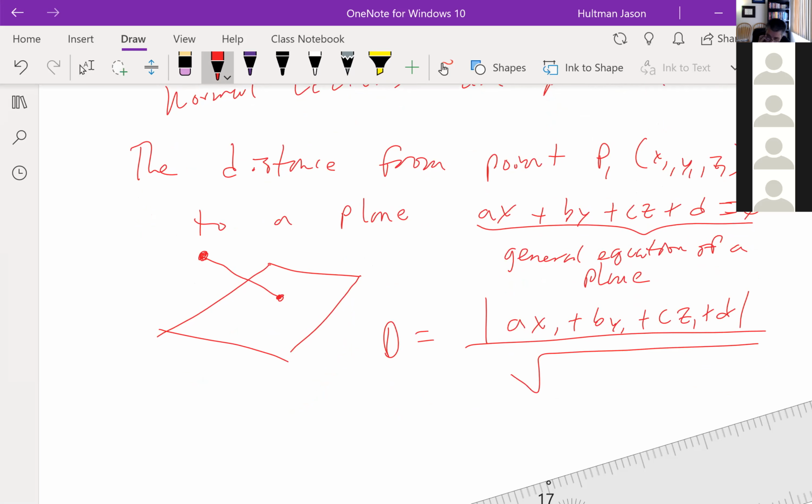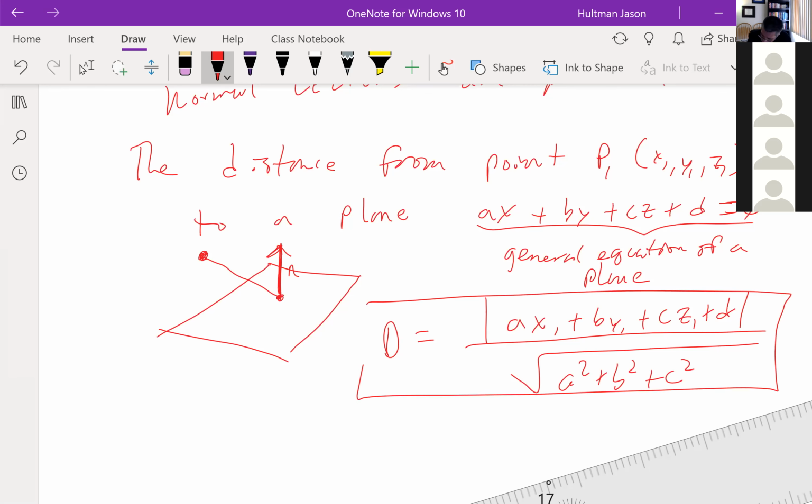the magnitude of the vector a, b, c. It's the distance along to that plane over the magnitude of the normal vector n, and that's the square root of a squared plus b squared plus c squared.